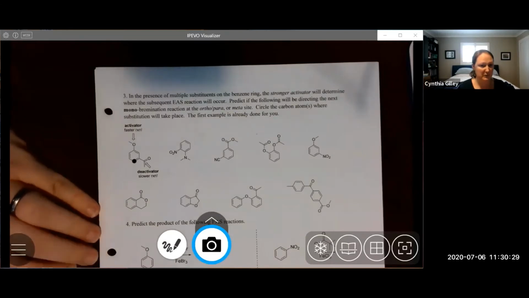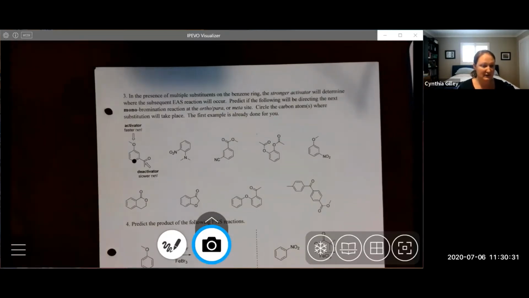Sometimes multiple groups will direct to the same position as the other group, and that's very convenient. That happens. And sometimes they direct to different positions, in which case we're going to consider only the strongest activator group there is, and then that one will do the directing. And if they're the same, then it's usually based on sterics.